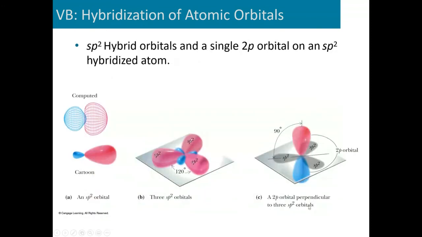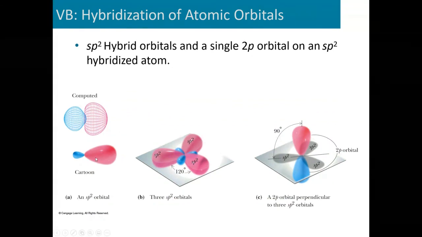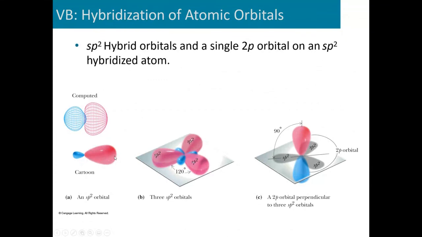And here is an example of the shape of an sp2 hybridized molecule. Again, the shape of the sp2 hybridized orbital is slightly different from just the p orbital, and the structure of it is trigonal planar.